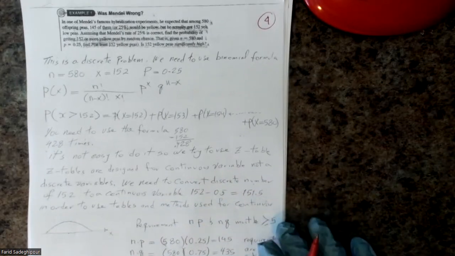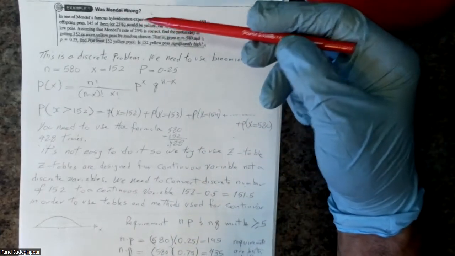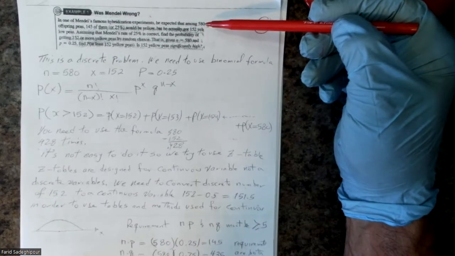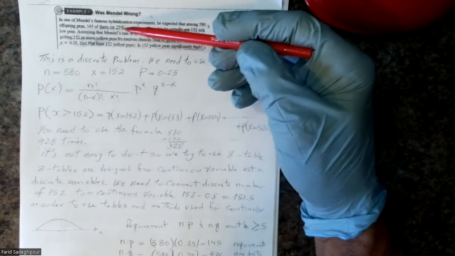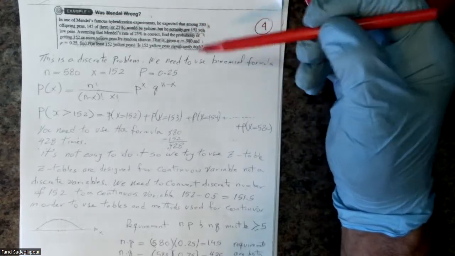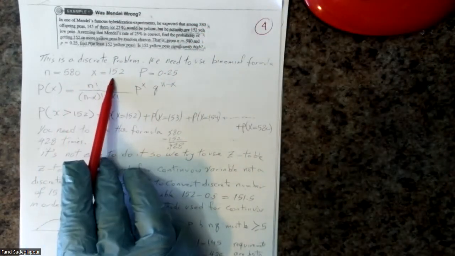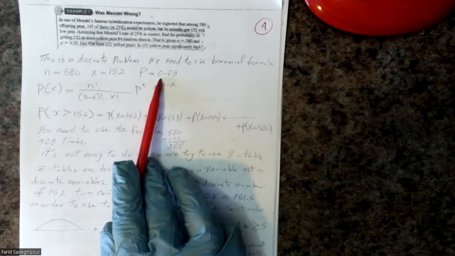So that problem was discrete because you are talking about a small number. This problem also is discrete, but look. In Mendel's famous hybridization experiment, he expects that among 580 offspring, 145 of them would be yellow. So 580 peas and 152 are yellow, and the probability is 0.25.